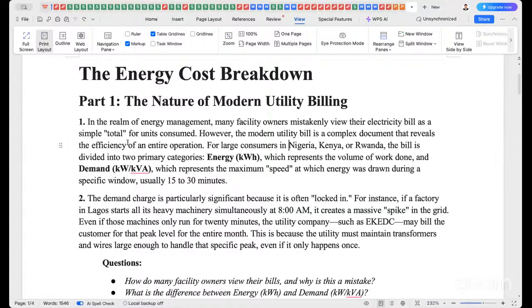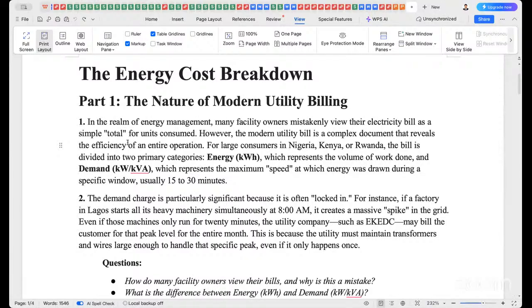Everybody wants to be metered, which is the right thing to do. But we'll talk about the types of utility billing and some of the challenges we have when it comes to billing and metering. So when we say utility billing, we are talking about metering of energy consumption.